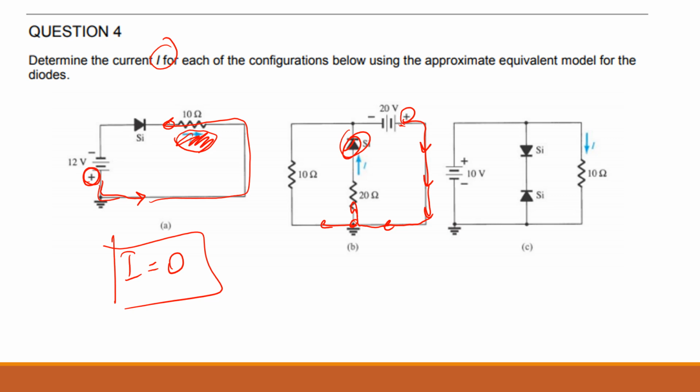We have something in between them, so we can't consider that, but you can apply KVL to this mesh. You start at a point and go this way. So that will be 20 times I, am I right? And when it comes here, that will be 0.7. Am I right? And this will be negative 20, equals 0. Agree?